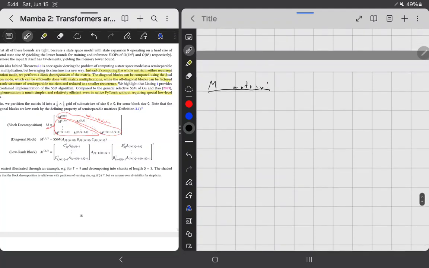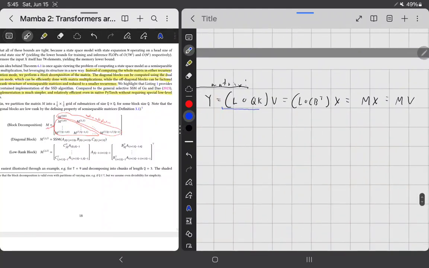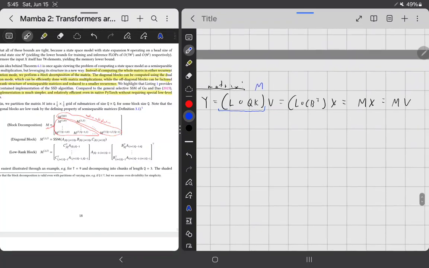So this M matrix, we already have defined, I'm going to define this in terms of C and B. We already have defined our Y as a masked version of CB transpose, or as QK transpose multiplied by X, which is equal to mask of CB transpose, that's V, multiplied by X, which is equal to M times X, which is equal to M times V. So what we're going to do is define this part here as our M matrix.